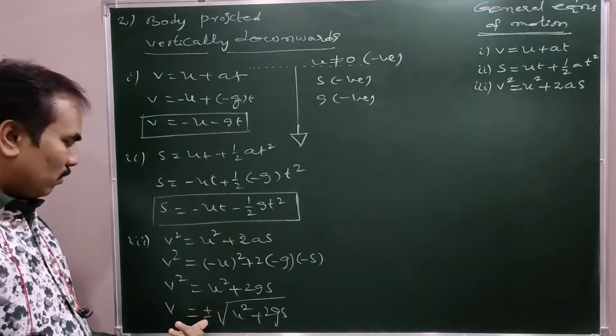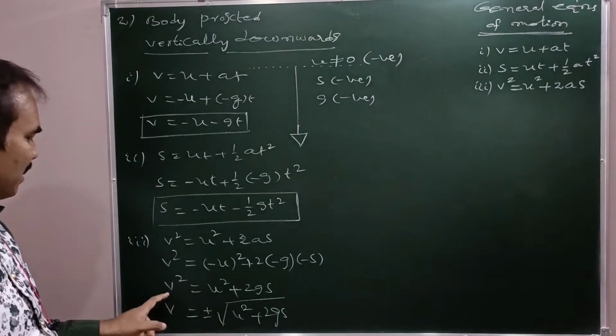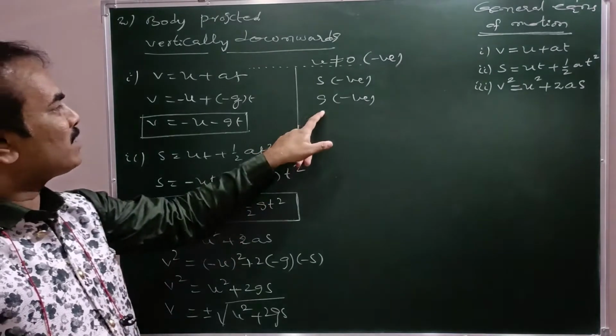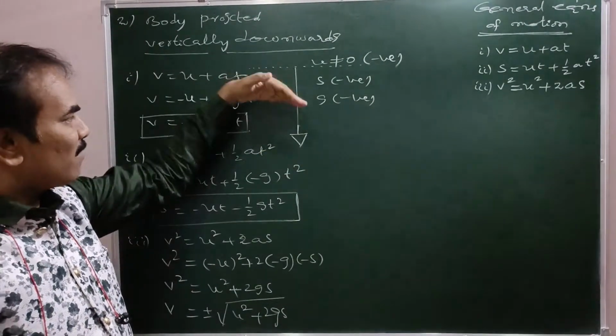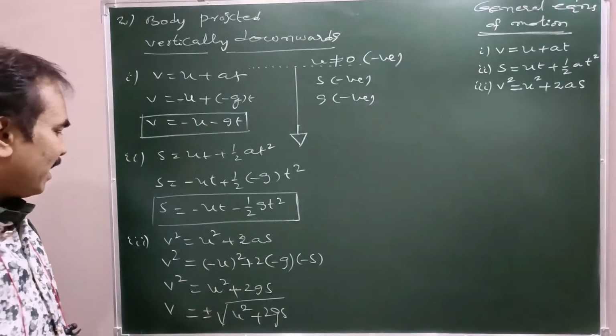Here we have two values, positive and negative, but as per sign convention the instantaneous velocity is negative, because it is moving below the axis. Take it with a negative sign.